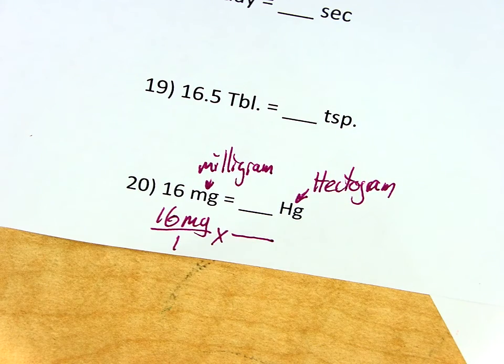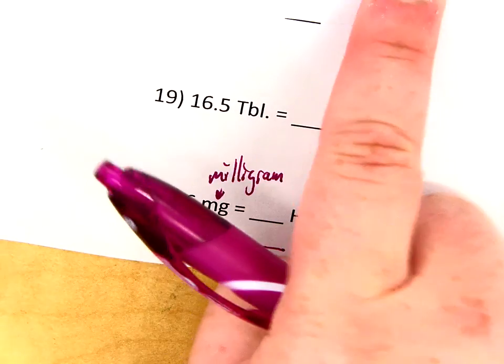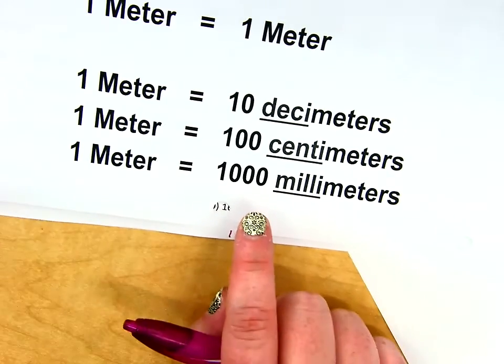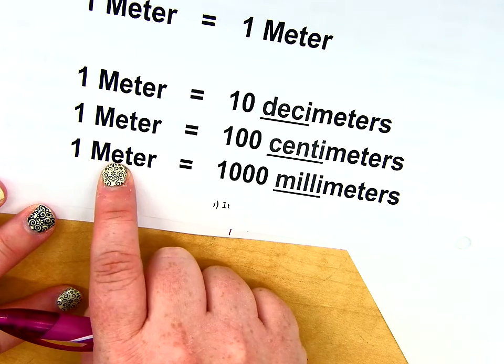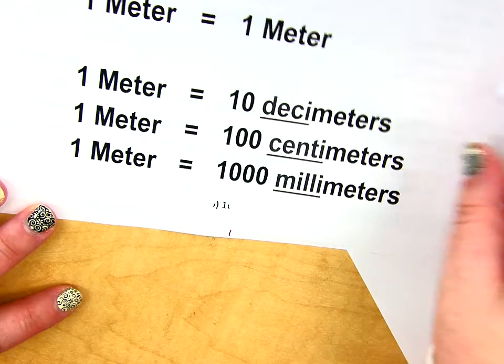Okay, and now if I look at my chart here, milligram. And again, I know it says millimeters, but remember, you can replace the word meter with gram or liter. So, 1,000 milligrams is the same thing as 1 gram, if we were replacing the word meter with gram, right?